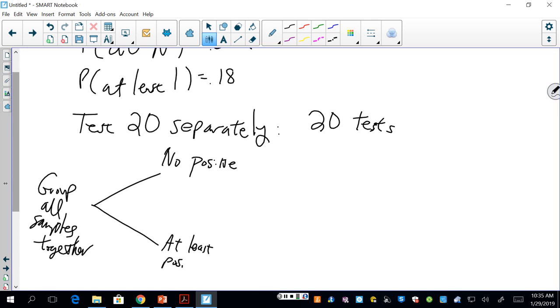The chance that no positive tests are detected by doing one conglomerate test is 82%, and then 18% that there's at least one positive. If there's no positive, you're done. You've done one test.